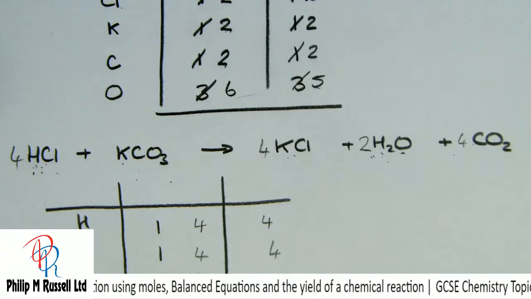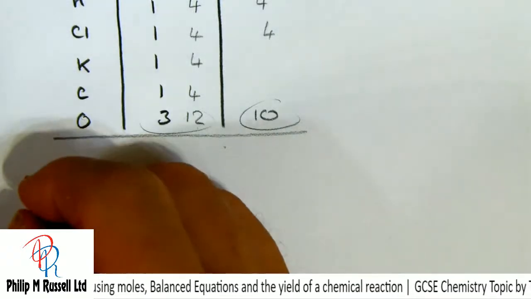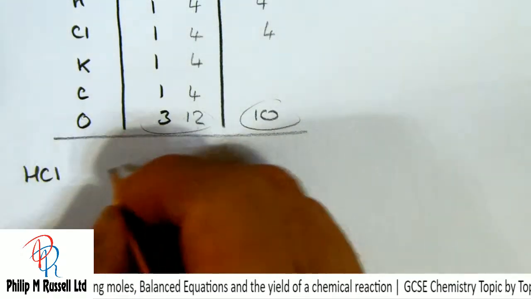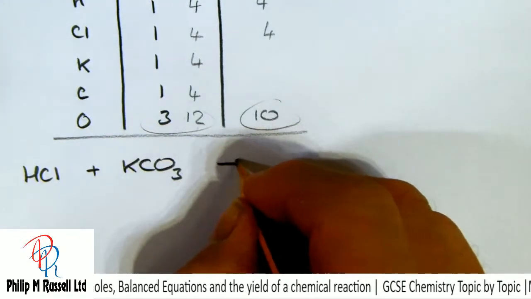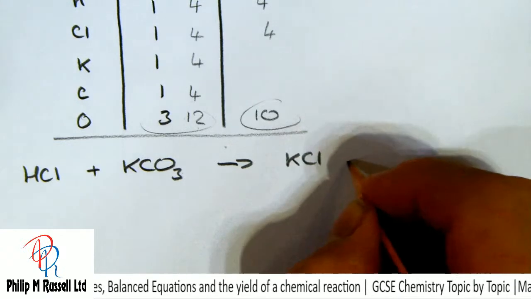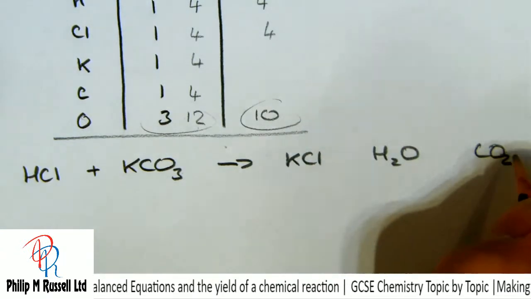So let's see if we can resolve this problem. Hydrochloric acid plus potassium carbonate giving me KCl plus H2O plus CO2.